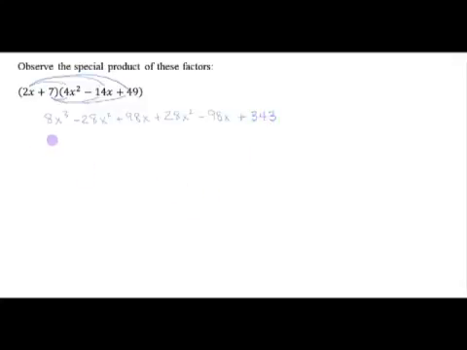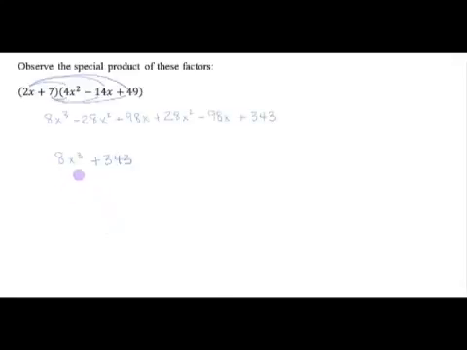Now when I collect like terms, I only have one term that has an x cubed in it, but I have a negative 28x squared and a positive 28x squared, which completely cancel each other out. And I also have a positive 98x and a negative 98x, which completely cancel each other out. So then I'm left with just a positive 343. It's interesting how the middle of this just collapses and we have the first and the last terms.